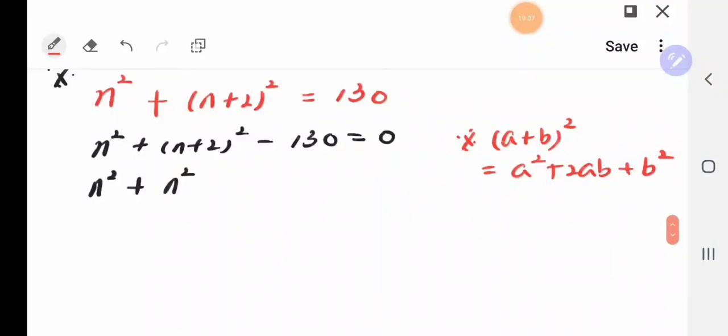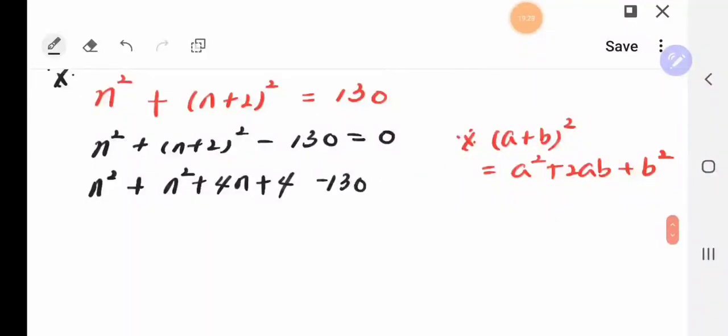The first term squared, the second term is 2 times a and b, and the last term is b squared. So n squared plus 2 times a times b, which is 2 times n times 2, is 4n, plus 2 squared is 4.